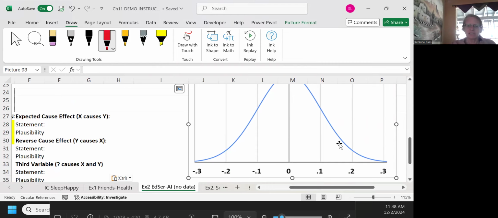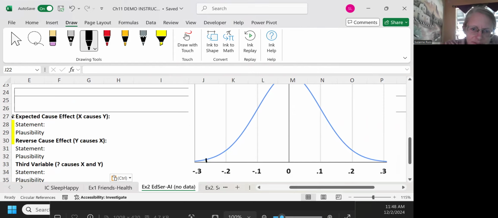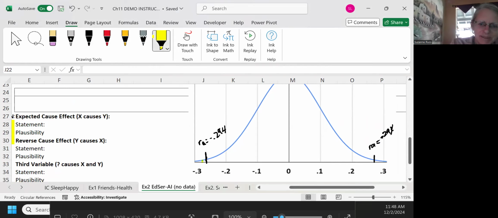So first off, in the upper tail, 0.294 is going to be way up here, even a little closer than I'm drawing it. R alpha equals negative 0.294. And another R alpha up here, R alpha equals 0.294. And now we have to shade both tails because we have a two-tailed test.